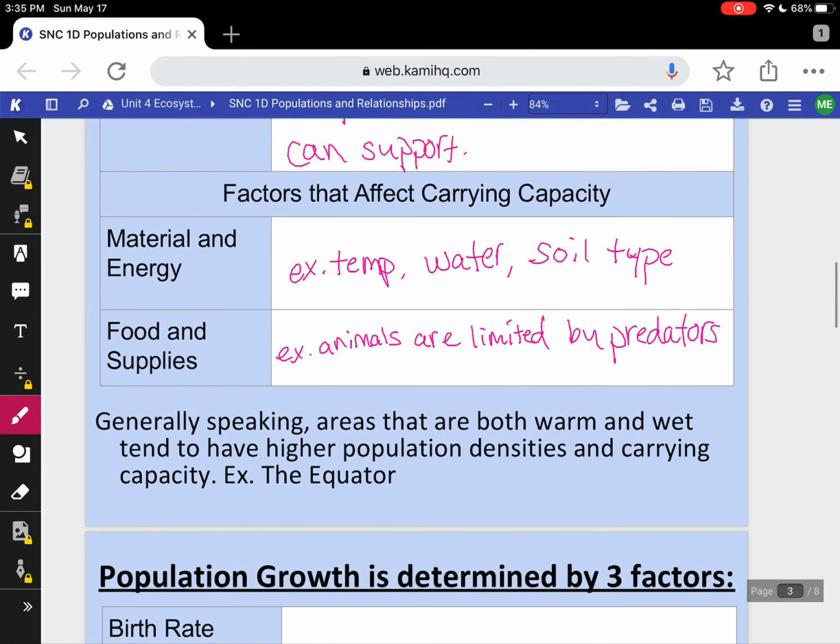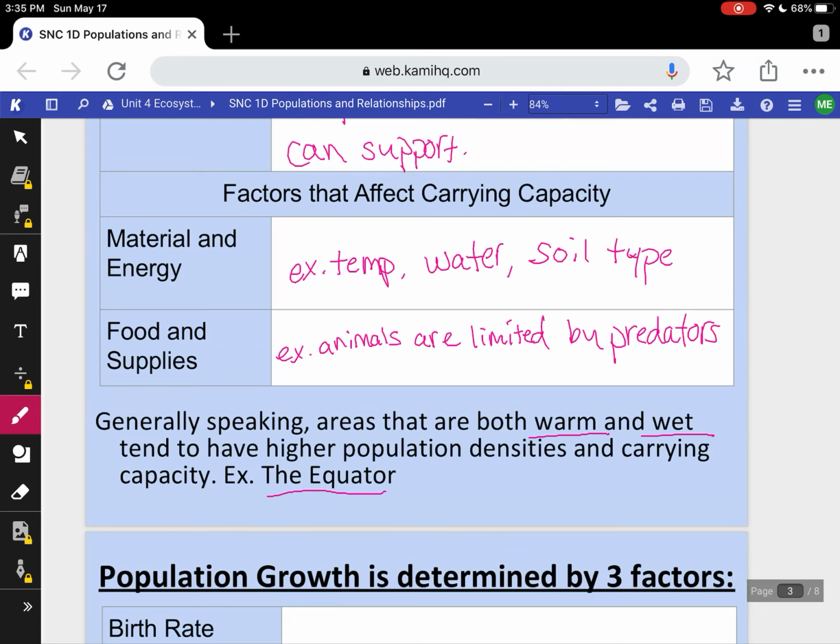Now, when we're looking at carrying capacity, generally places that are warm, so have a relatively high temperature, and get quite a lot of rain, tend to have higher population densities, so their carrying capacities tend to be larger. So for instance, places along the equator tend to have really high population densities.